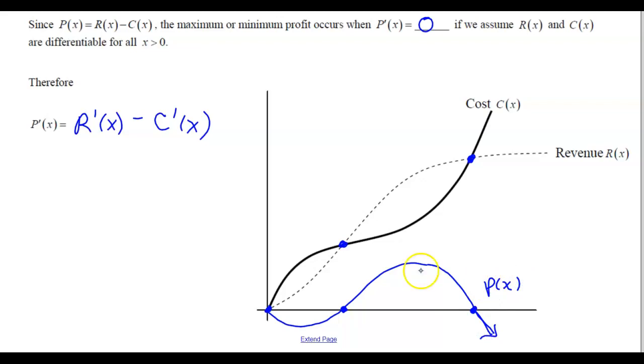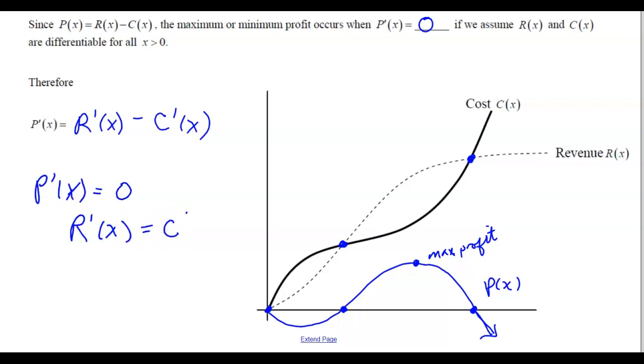So if you think about here, this would be your maximum profit. Now, this is just a sketch. But if you think about the first derivative equaling 0, if we're trying to find maximum profit, that's where the derivative of the revenue would equal the derivative of the cost. And so that means the slope of their tangents would be the same.